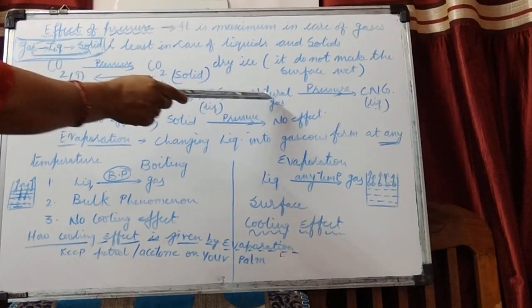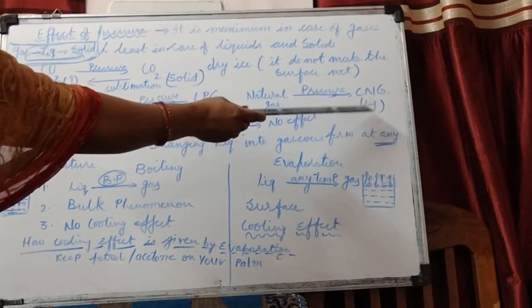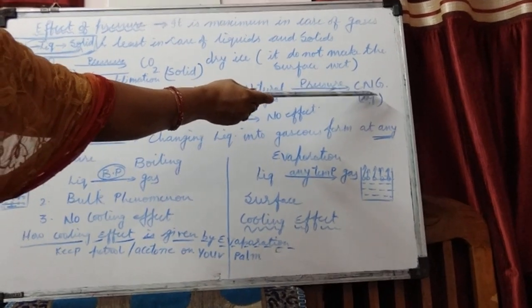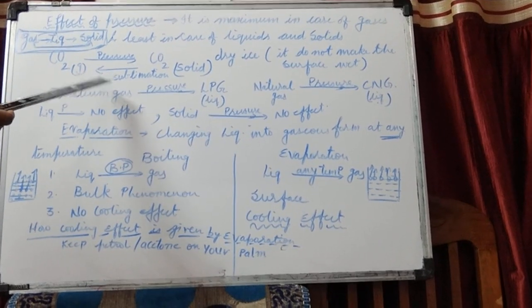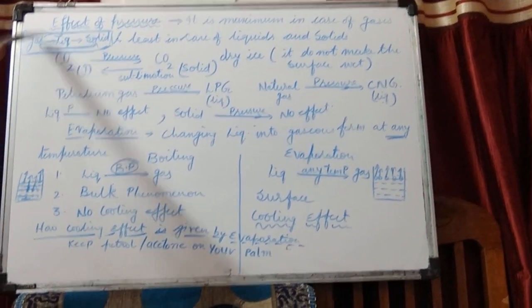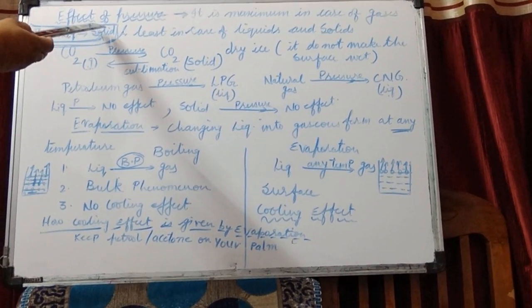Similarly, take natural gas. As pressure is applied, it also gets converted into liquid form, and that is called compressed natural gas. Is it okay? So what we have done is that if pressure is applied on gases, they either change into liquid form or they get solidified.